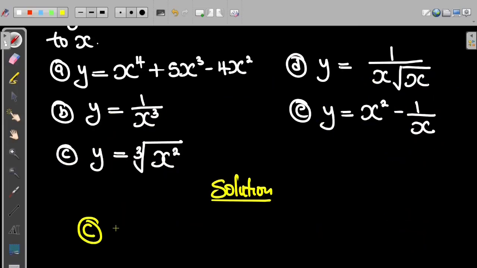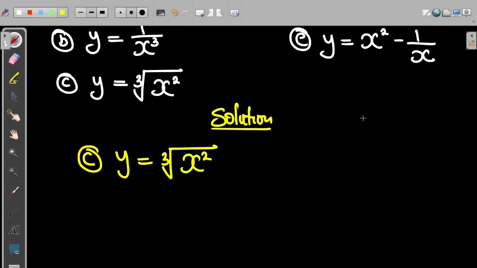For c, we have that y is equal to the cube root of x squared. So from indices, we have that if m is a root, and we have a to the power of n, in index form this can be expressed as a to the power of n divided by m.